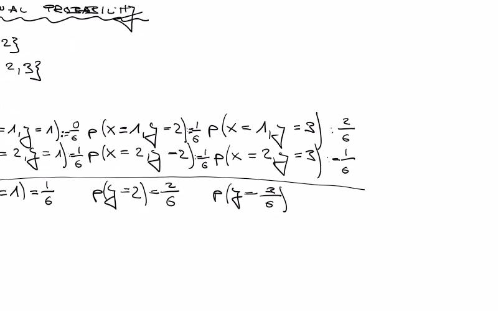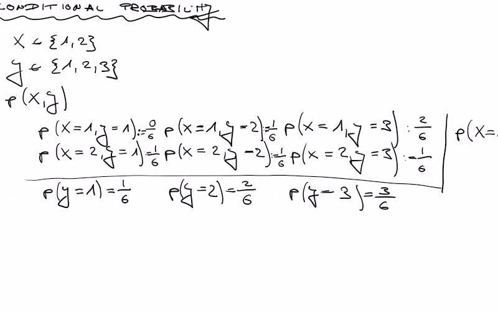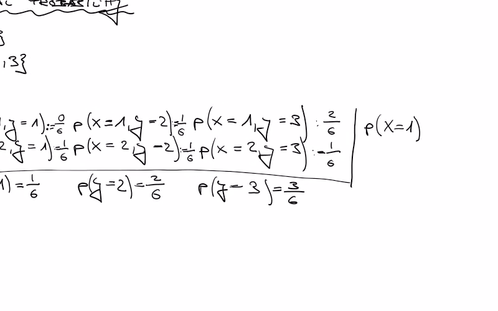And then we have the other marginal distribution. So the probability that x takes on the value 1, regardless of the value of y. That is what? 0?